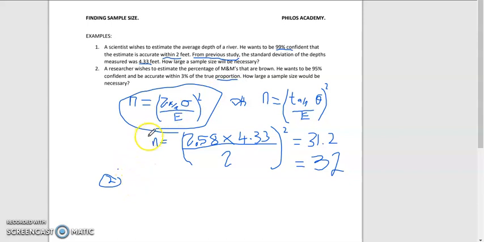The formula for the proportion doesn't go like the previous one.